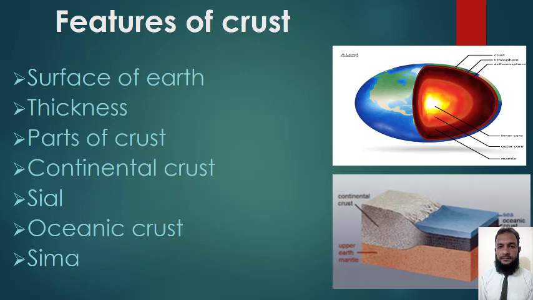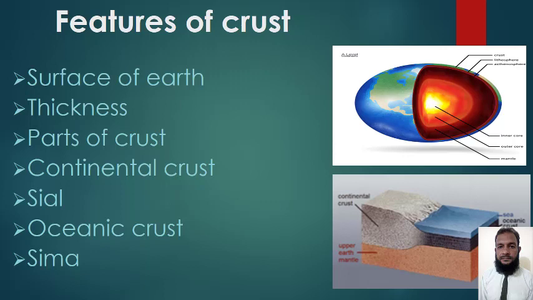The continental crust consists of a number of land masses known as continents. In other words, that part of crust which is dry is called continental crust, and that part of the crust which is beneath the water in the ocean is called oceanic crust.